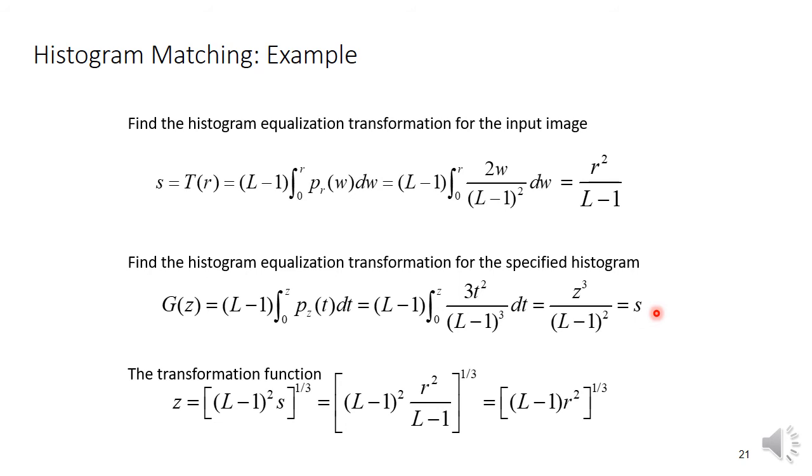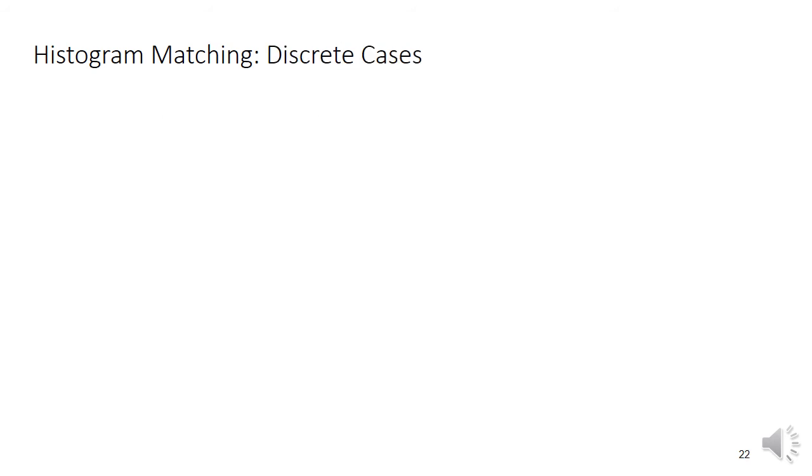We know the value of s, which here is r squared over (L-1). After solving, we cancel the (L-1) with the square, and we get z = ((L-1) · r^2)^(1/3). This is the transformation function which was required.